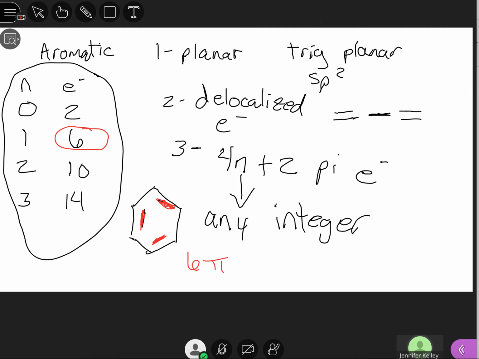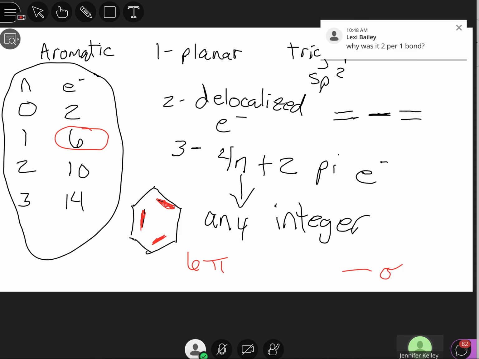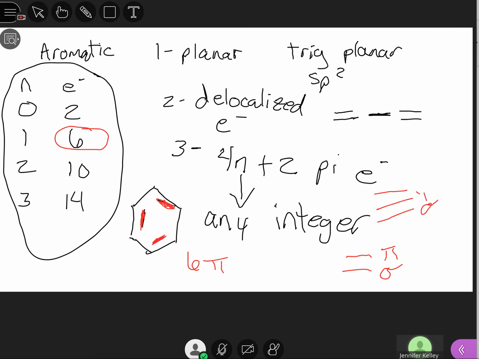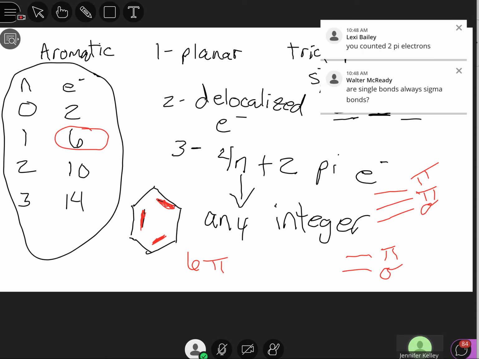Pi electrons are, if you have a double bond, one will be a sigma bond and one is going to be a pi bond. If you have a triple bond, one is sigma and 2 will be pi. It's not the number of bonds, but the number of electrons in the pi bond.